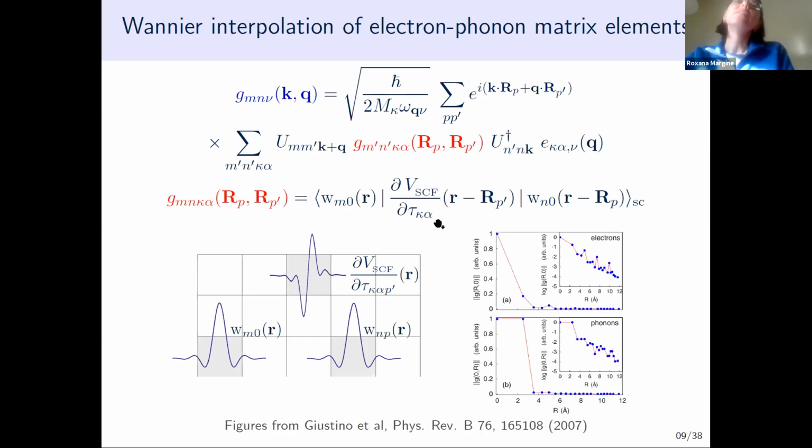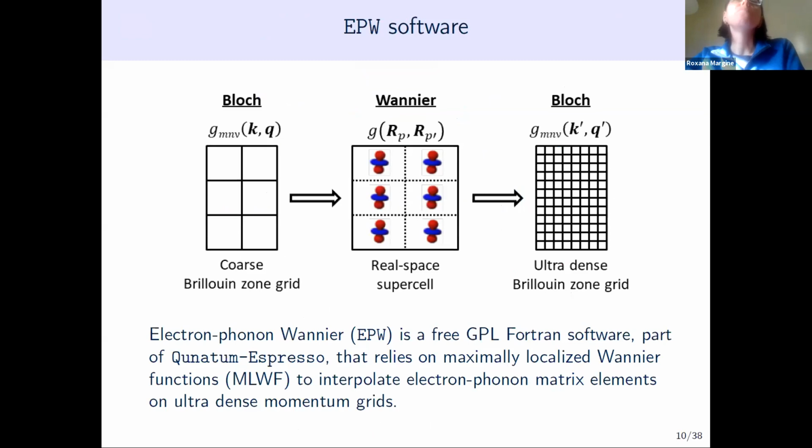So that's the key idea behind the EPW code: it combines the strengths of density functional perturbation theory and maximally localized Wannier functions to enable extremely accurate and highly efficient calculations of electron-phonon interaction.